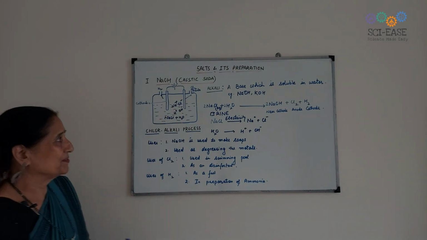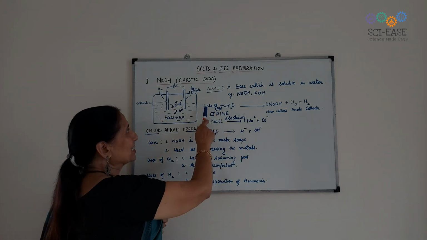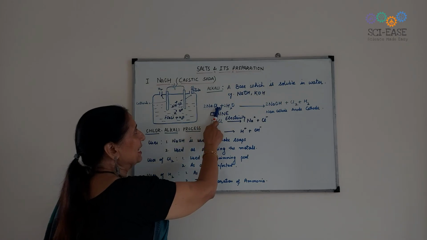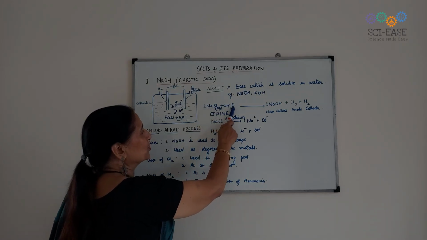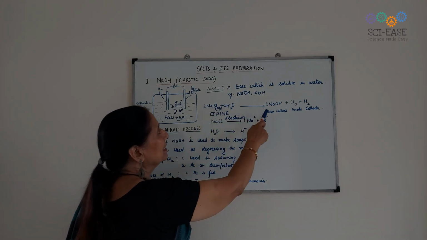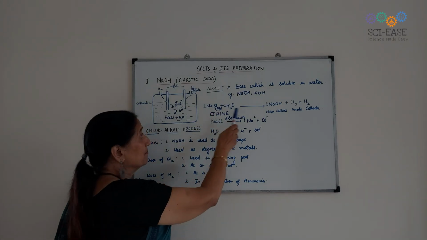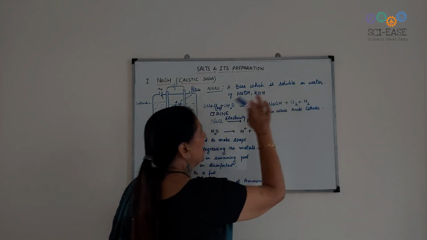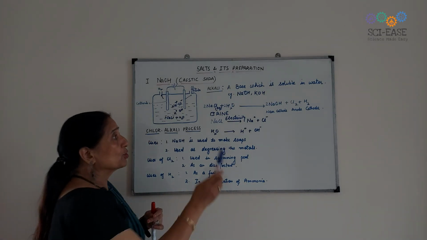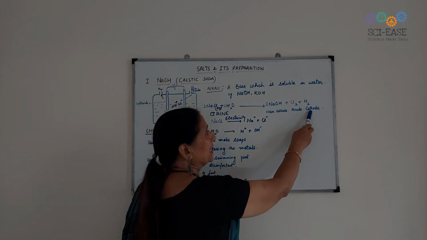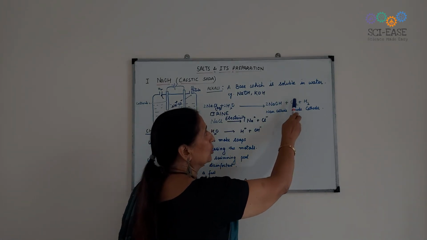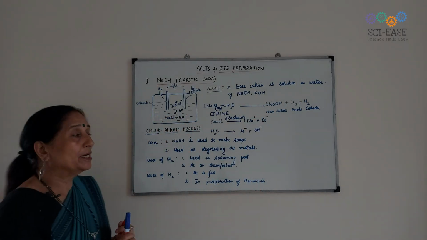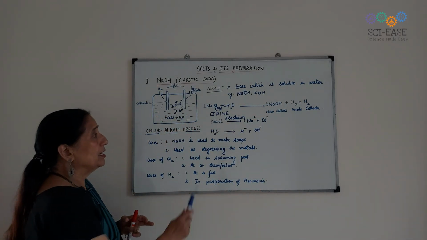See the reaction: NaCl plus 2H2O, the equation should be balanced, results in the formation of 2NaOH plus Cl2 plus H2. So H2 will be liberated at the cathode and Cl2 at the anode.